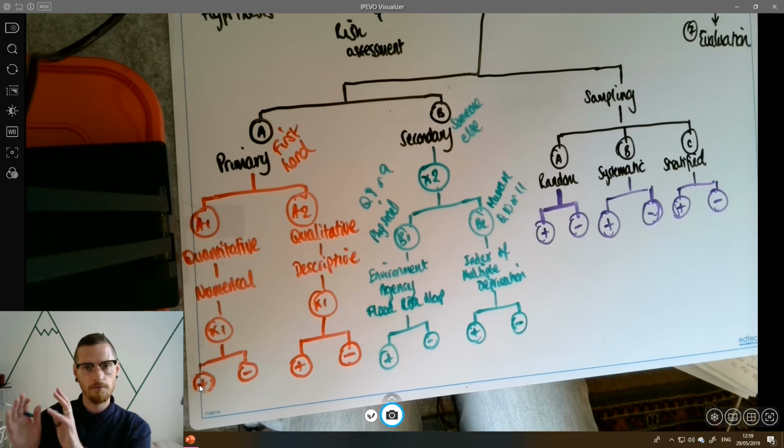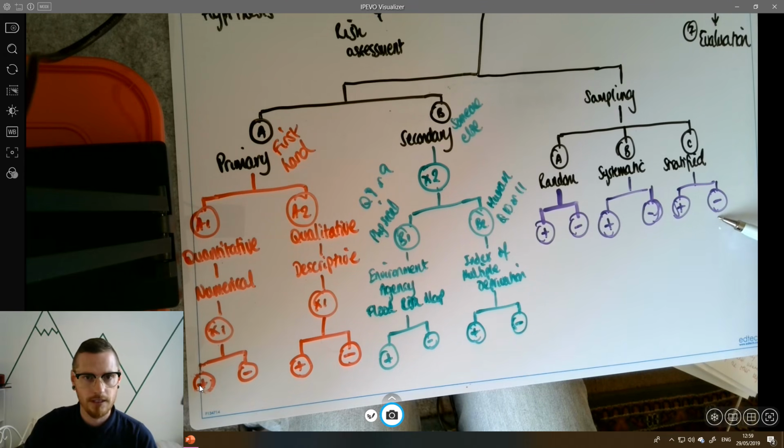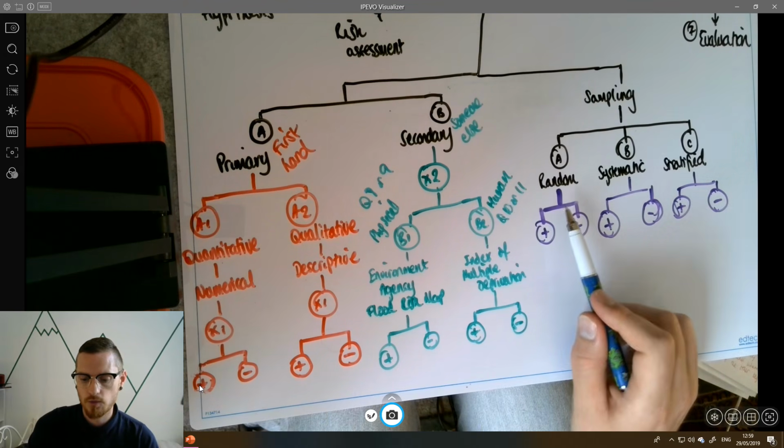Hands up, no, it was worse than you thought. Females, hands up, yes, it was better than you thought. No, it was worse than you thought. Or I could do it via age, okay? Split the class into 3 age groups: those born in autumn term, those born in spring term, those born in summer term. And again, I could question via categories. That's stratified. It again has positives and negatives.